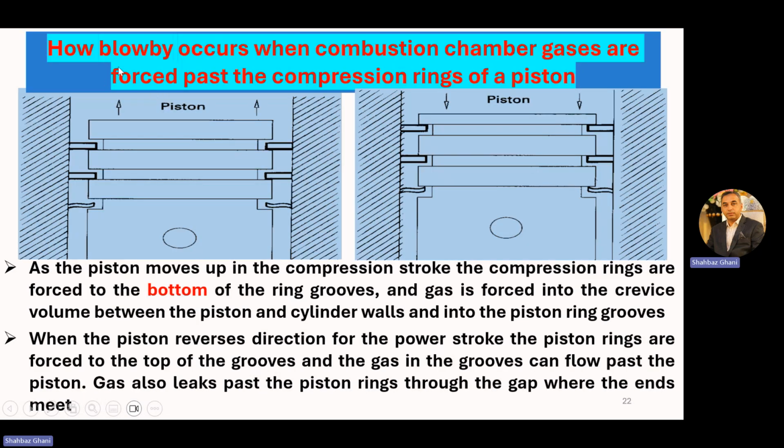Now, let's see how blowby occurs, when combustion chamber gases are forced past the compression ring of the piston. Let's see this condition, when the piston is moving up from BDC to TDC. These are the compression rings and this is the oil scraper ring. We assume a piston which has two compression rings. This is the groove in which the rings are mounted, and this is the groove for the oil ring, and this is your piston with the connecting rod and the wrist pin, and these are the cylinder walls.